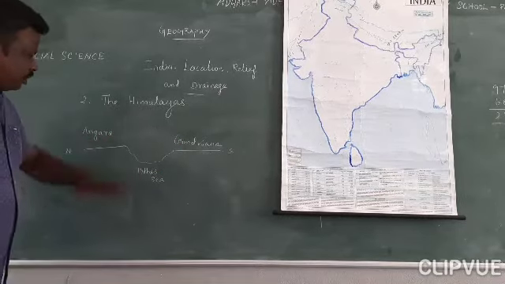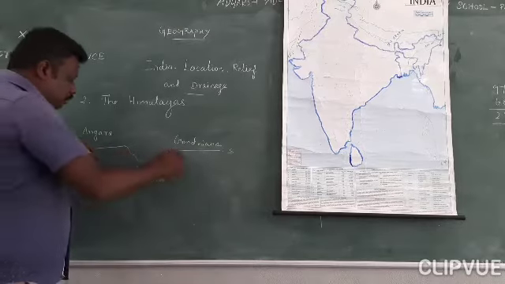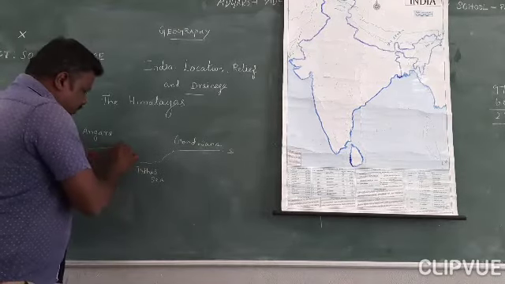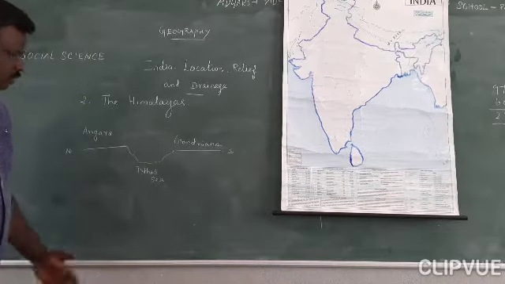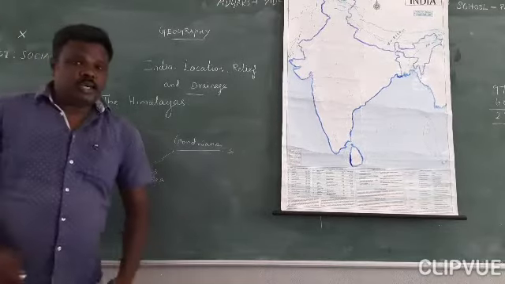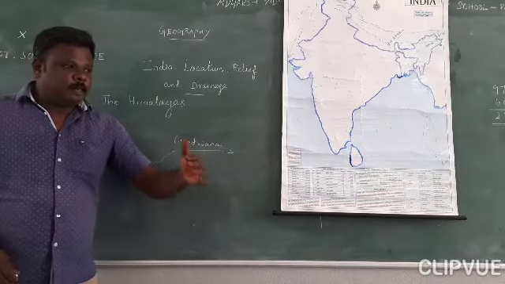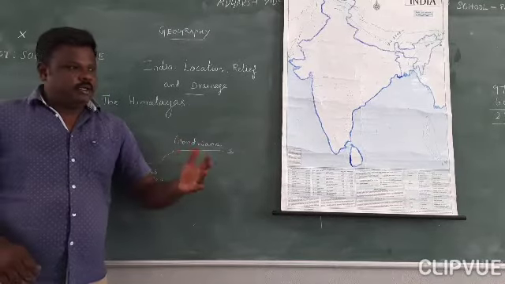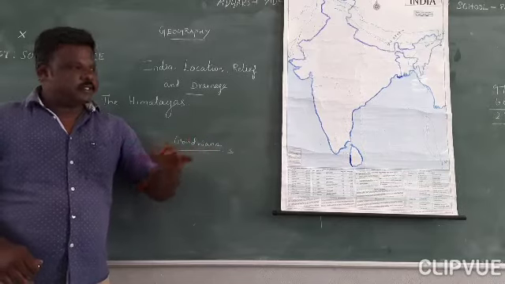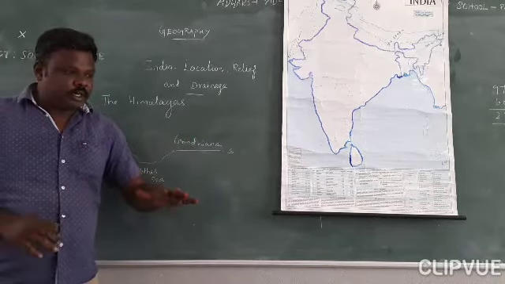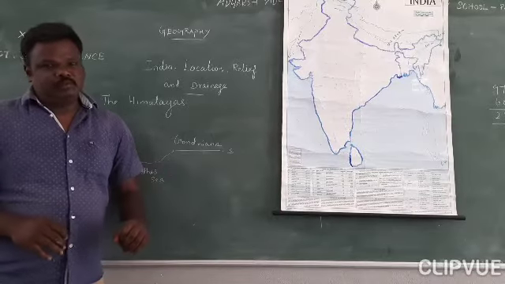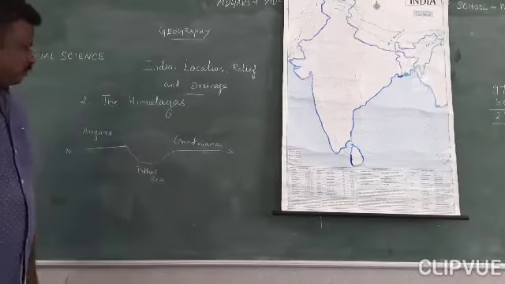So this landmass increased. How did it increase? Now we know very well, in the lower classes we learned about the lithosphere, what is going on inside the earth, the crust area mainly.